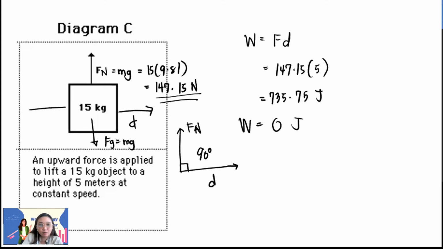As long as the force and the displacement create a 90 degree angle, the work is equal to 0. If the displacement of your object is downward, but your pull is upward, what would be the value of your work? Very good. It becomes negative because the direction of your applied force is opposite to the displacement of the object, as well as due to gravity.